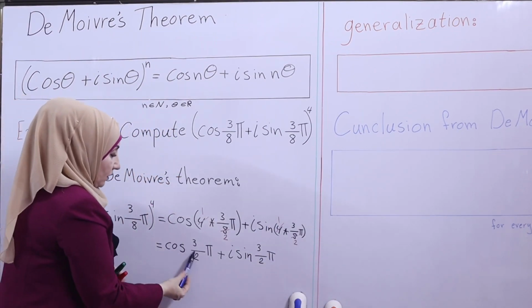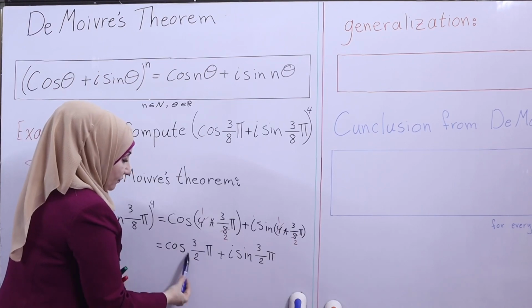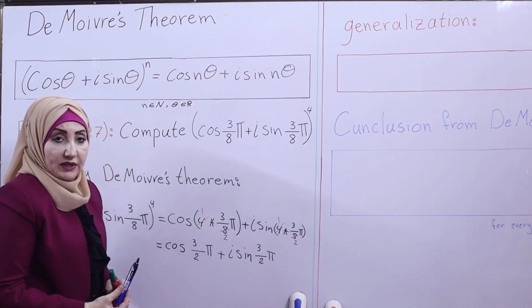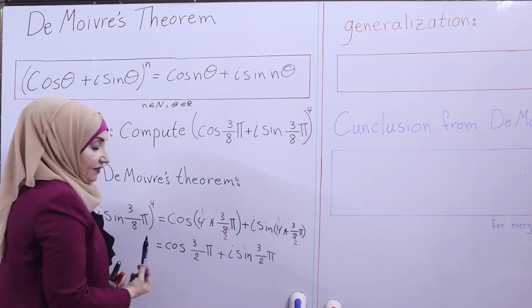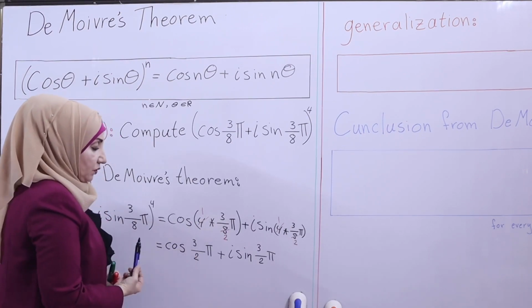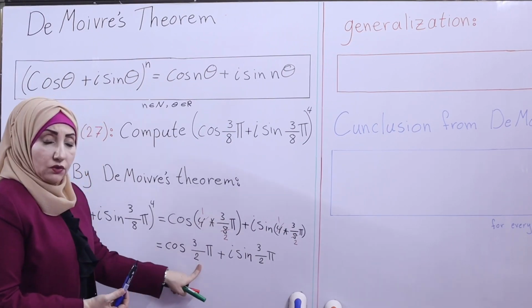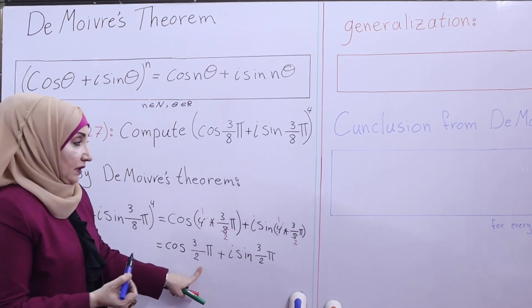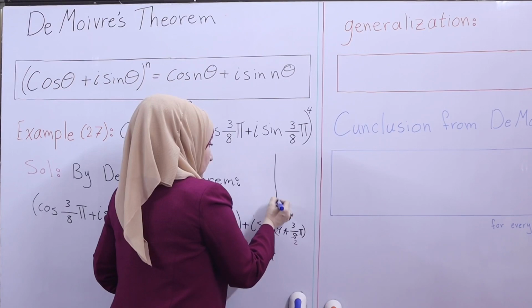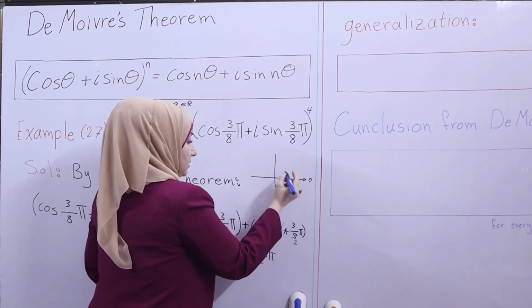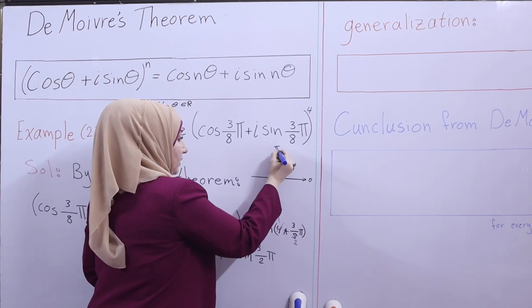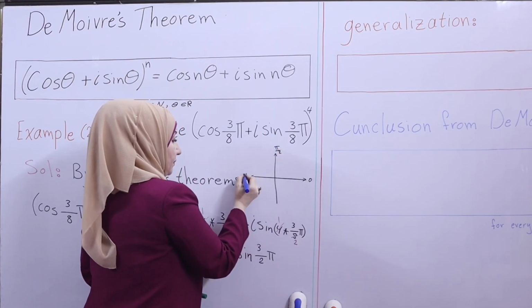Do we know the measure of this angle? هل نعرف قياس هذه الزاوية؟ 3 باي على 2. 3 pi on 2. Yes, it's equal to 270. This is the angle 3 pi on 2. Here the angle is 0, and here is pi on 2, and here is pi.